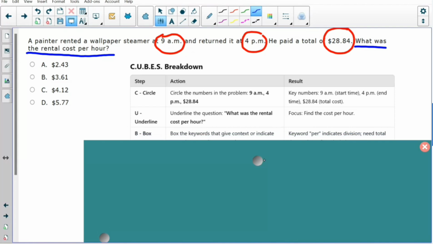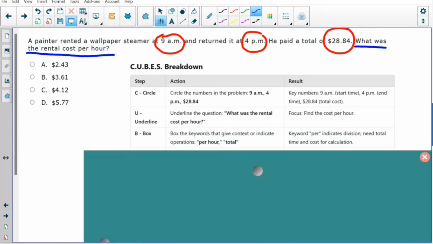And then we move on to B. B states we should box the keywords. What are the keywords? The keywords I see are per hour, and per means to divide. And I also see total, which they already gave to us.